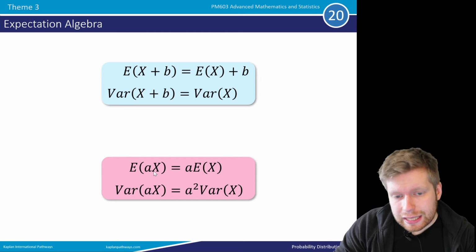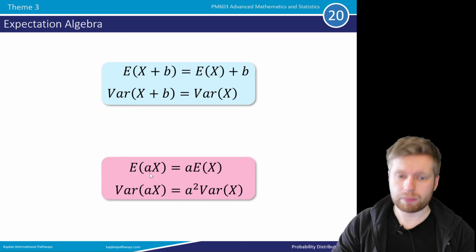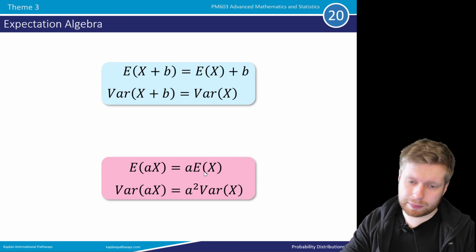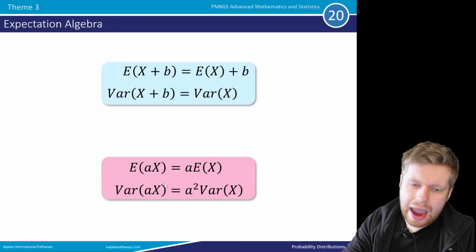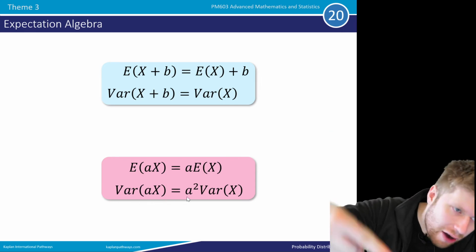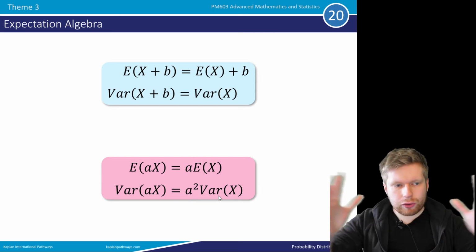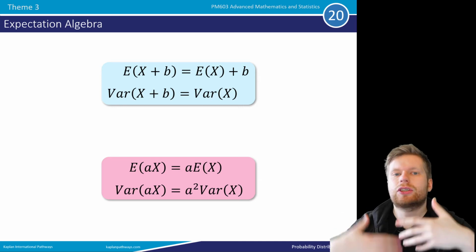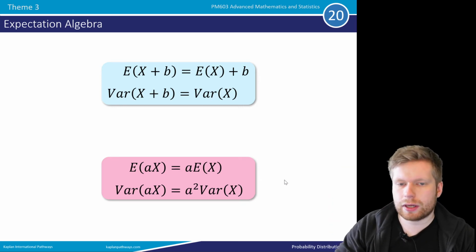But if you're multiplying that random variable by some particular value, then you have to remember that E of a times x is a times the old expectation, whereas the variance of a times x is the square of a times the variance, because you are increasing the distance between the values, but because you're dealing with variance, it's got to be the square of those distances, okay?